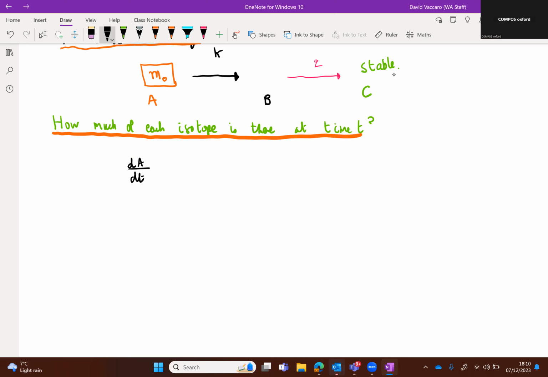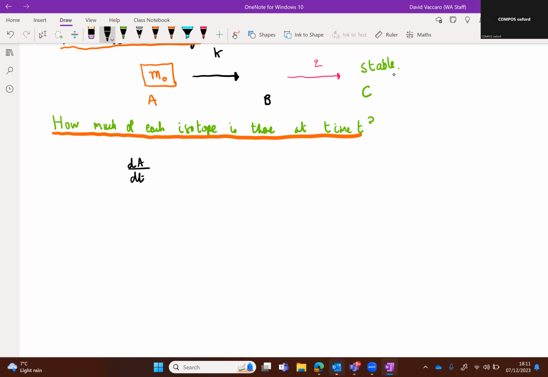So this should be familiar. We've got a decay constant of K. We know that for radioactive decay, the rate of decay is proportional to the amount of material that's there. The intuition is that if you double the number of atoms, you double the number of things which in any time interval might decay.